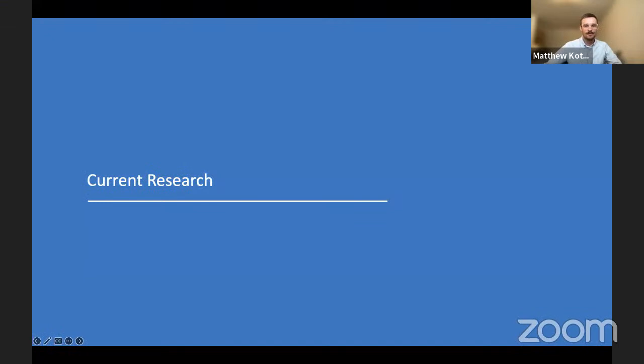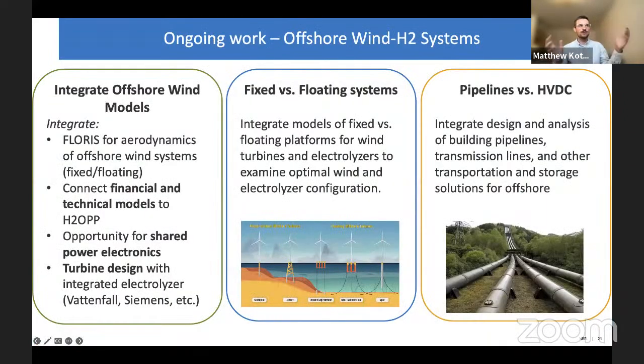Perfect. So moving along, this is now looking at current research. What we just presented was focused on wind H2, so land-based wind. Some ongoing work we're currently looking at is pivoting that scope to offshore wind, which we've been calling offshore wind H2.